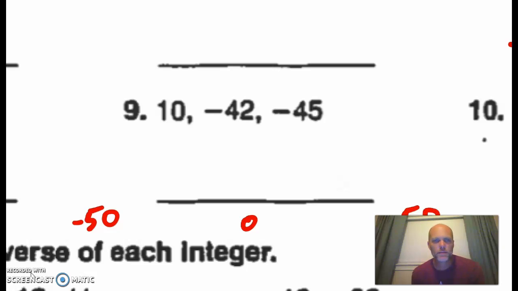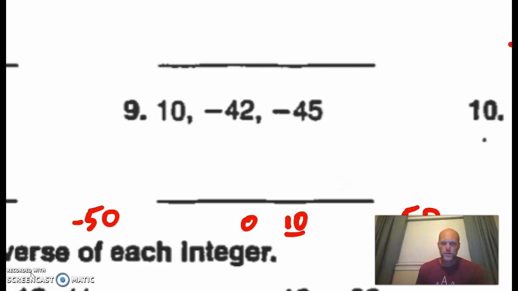It's like a poor man's number line. I'm not going to put all the digits in there. It's just something to help us to compare. All right, so where would 10 be? It would be somewhere over between 0 and 50. You can get probably kind of close. 10, and then we've got -42 and -45.